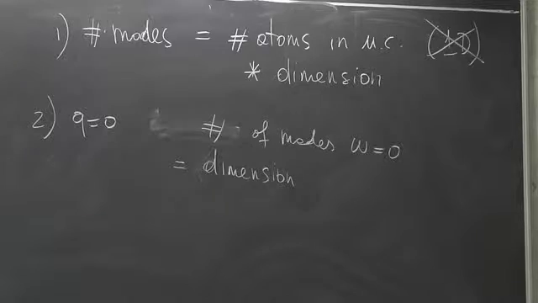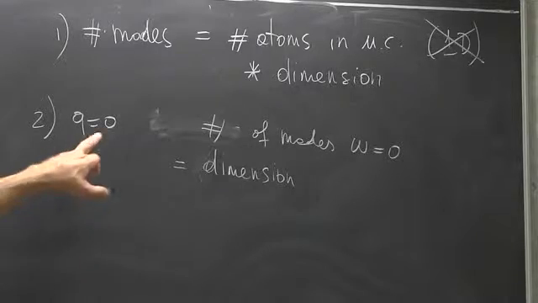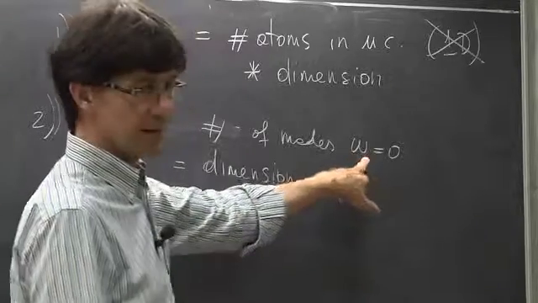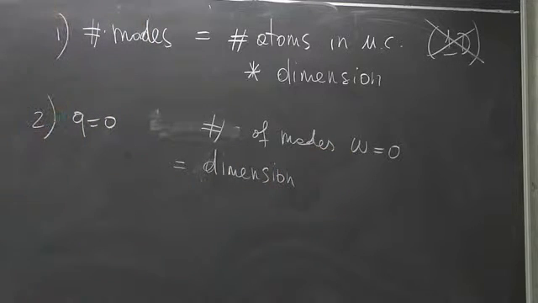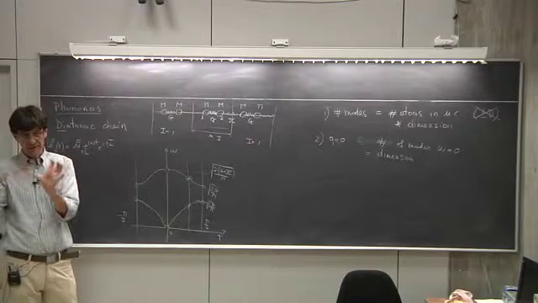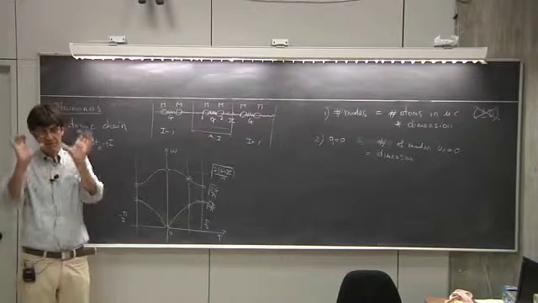Okay, so I'm now arguing about the modes that have 0 frequency at Q equals 0. We notice that these modes are the translations, the rigid translation of the whole system. So in 1 dimension, there is only 1 possible mode. Okay? In 2 dimensions, there are 2 degrees of freedom, so I can translate my problem like this or like that.